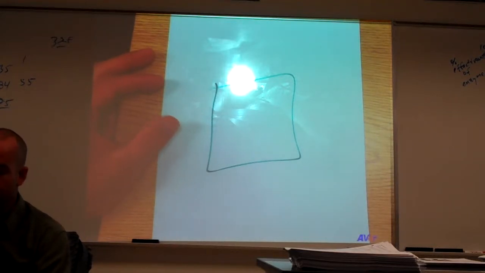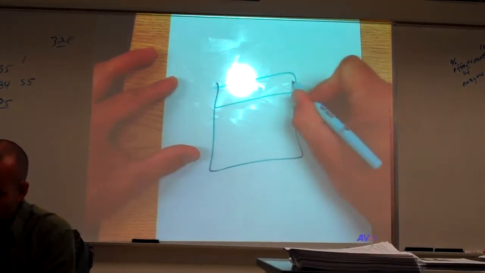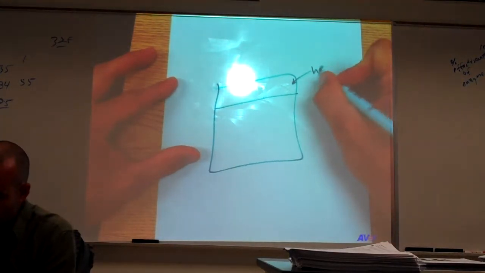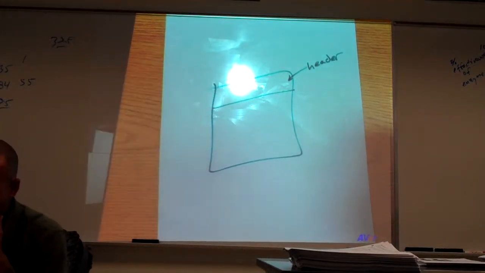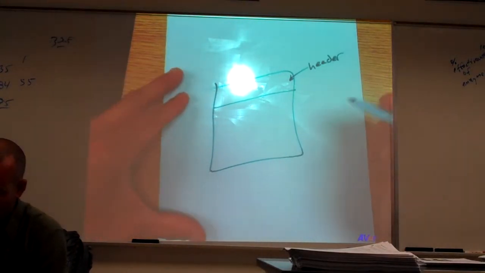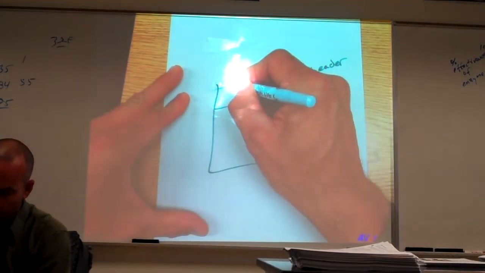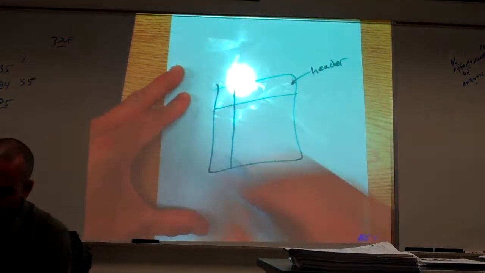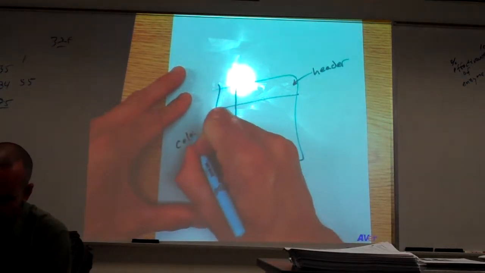So there's 2 things to it. I'm gonna label this, okay? You're gonna have a top part. This is called your header. I want to make one more here. These up and down rows are called columns.